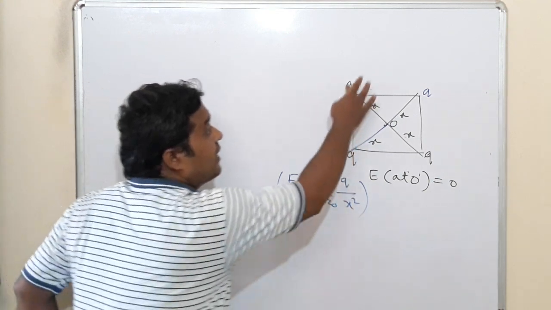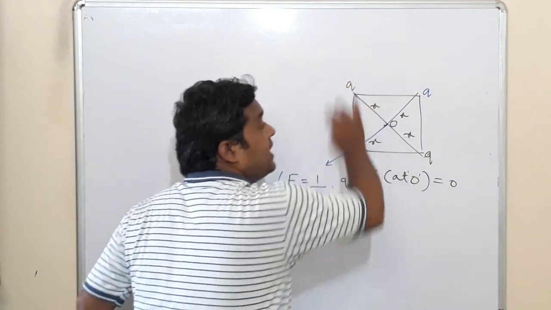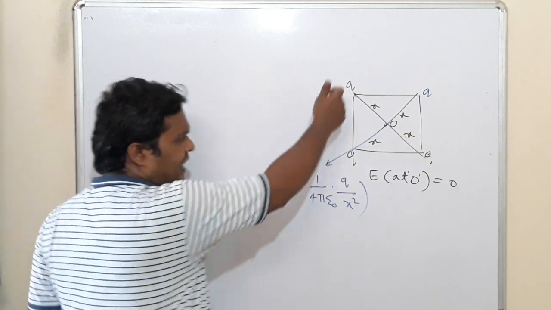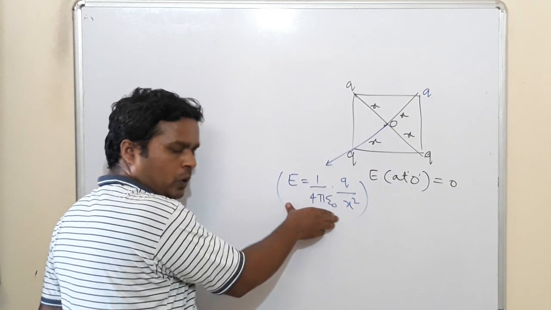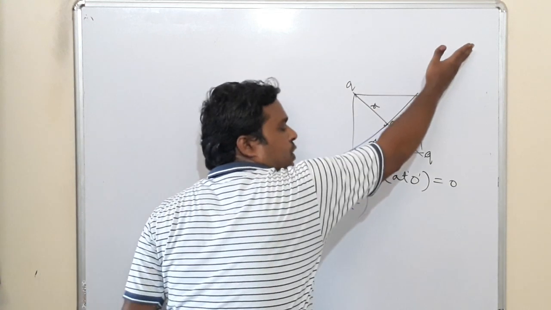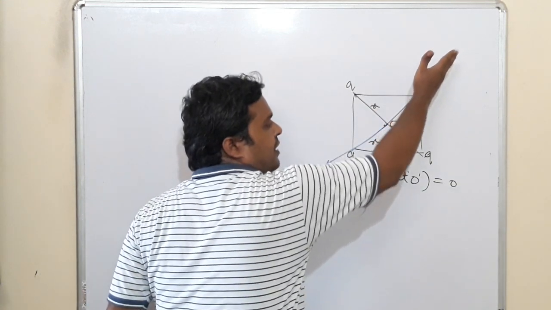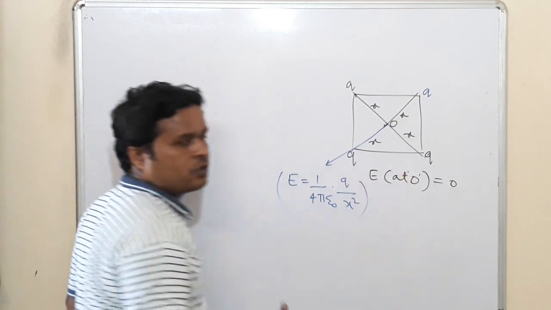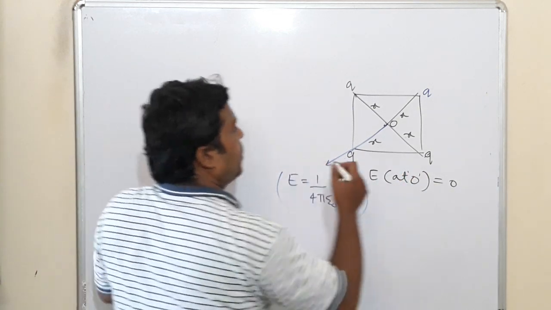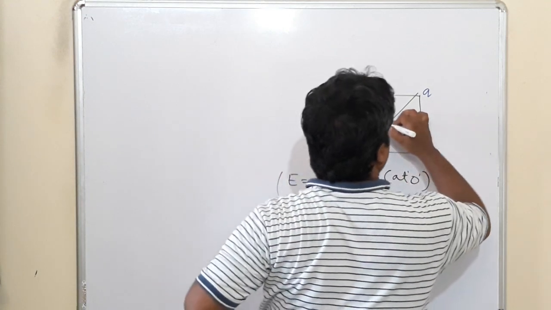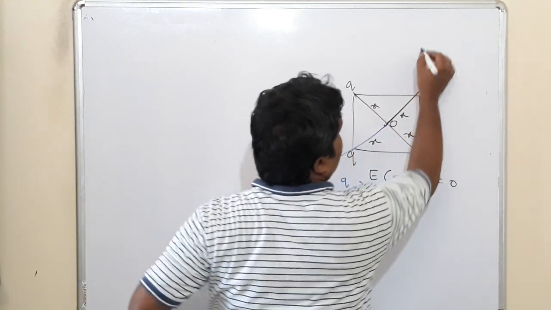Then what should be the electric field due to the remaining 3 charges? The electric field due to remaining 3 charges must be equal to this and opposite to this, because net electric field at the center should come as 0. That means the electric field due to remaining 3 charges will be in this direction.